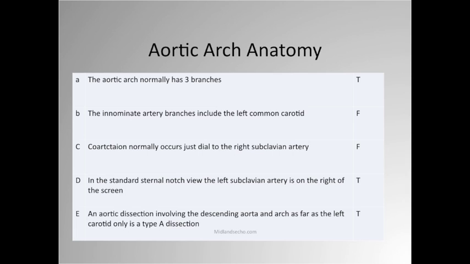If it involves any of the great vessels or any other part of the arch, it's a type A dissection. That differentiation is clinically really important, because with a type A dissection you usually get an immediate operation, an emergency, and a type B dissection you often don't operate, or sometimes you may stent them, and the management is much less clear cut.